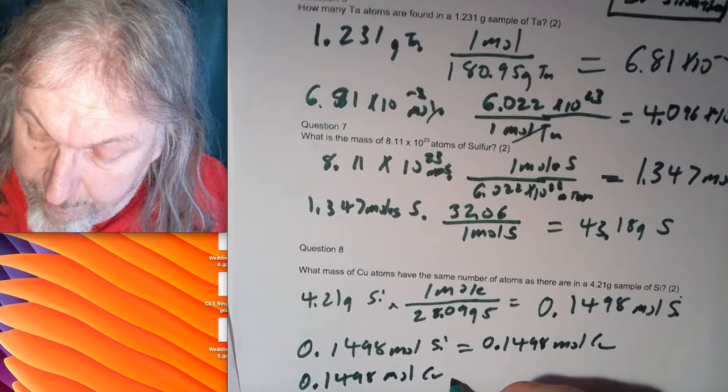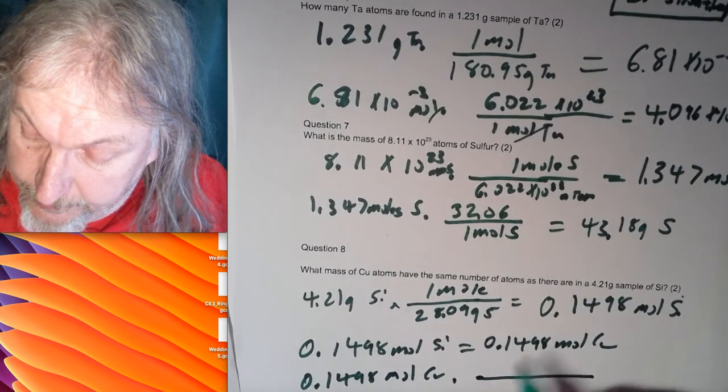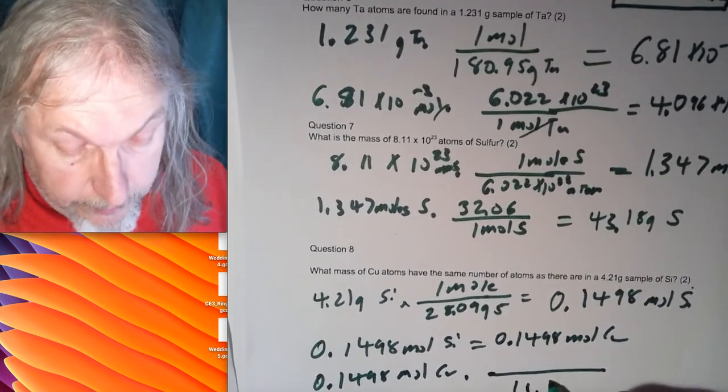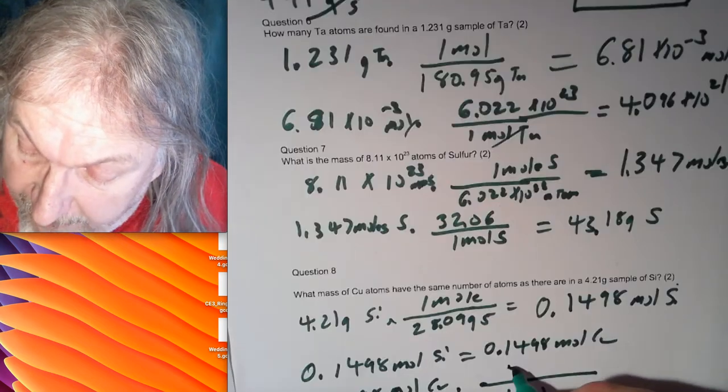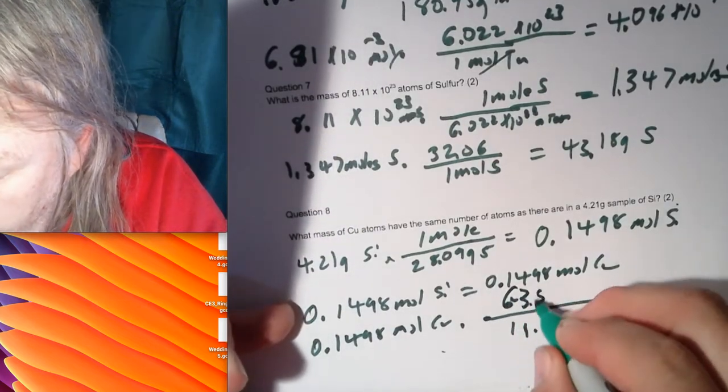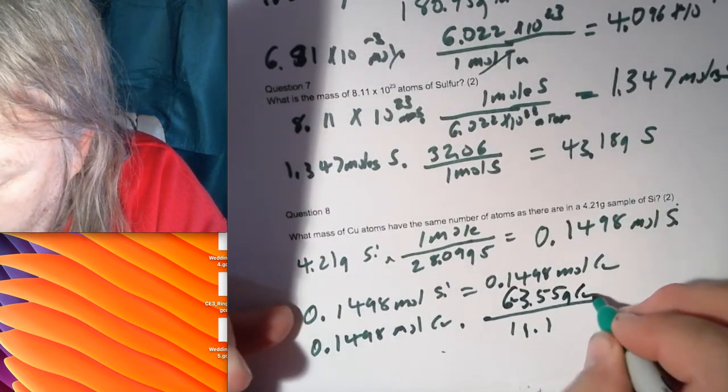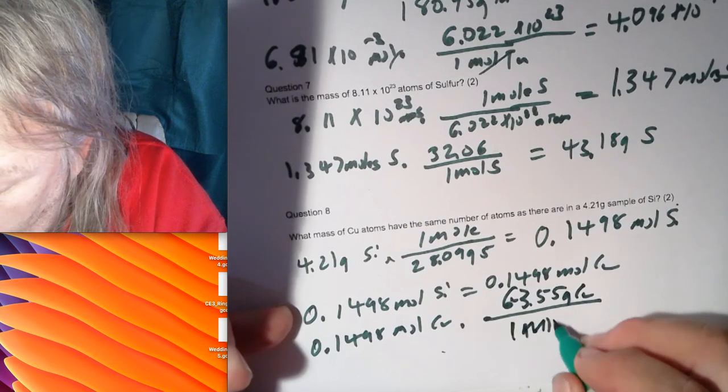All right, the mass of that is going to be in 1 mole. I look at my periodic table, copper is 63.55. 63.55 grams of copper, 1 mole copper.